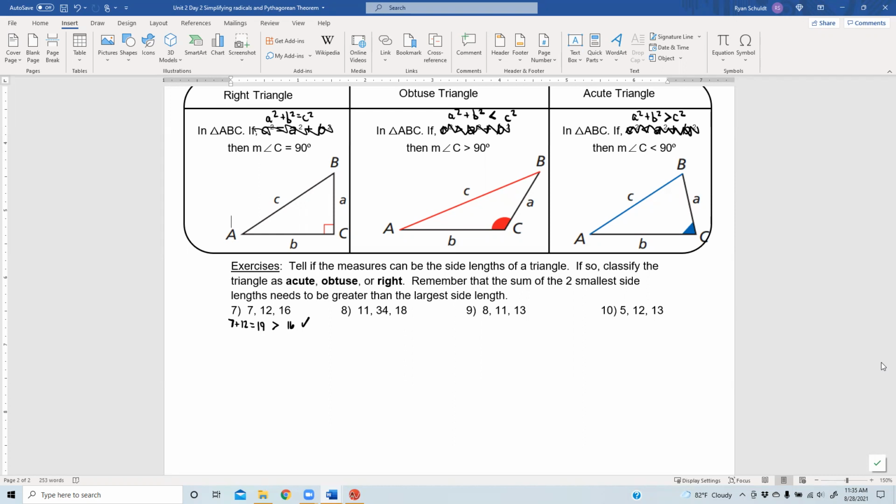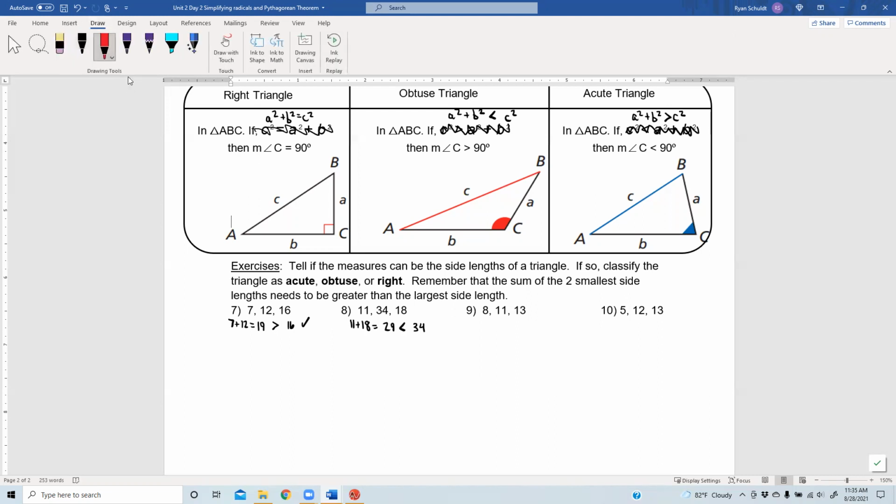Next one, smallest two sides. Don't tell me 11 plus 34. That's not the smallest two sides. It's 11 plus 18. That's going to give me 29. Is 29 bigger than 34? No, 29 is less than 34.